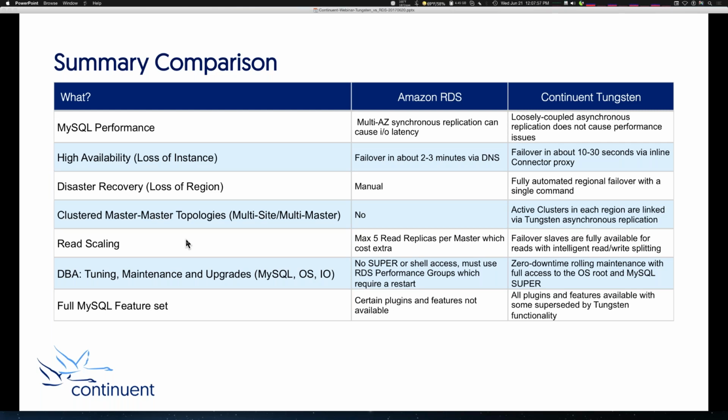You have no access to those replicas, unlike Continuent Tungsten nodes, where you have complete and full access to the slave nodes. Additionally, when you create high availability in RDS, the standby replica in RDS is unavailable for reads, unlike the Continuent Tungsten nodes, where all nodes are available for reads.